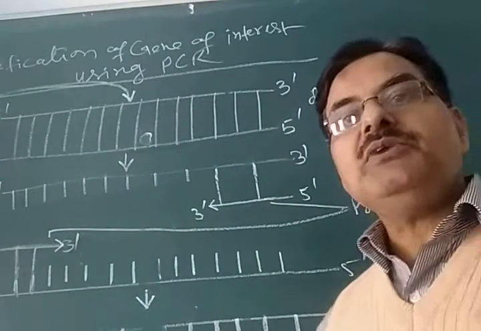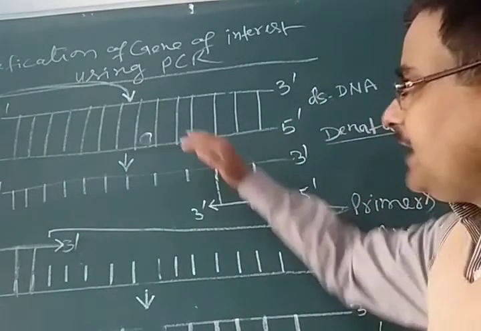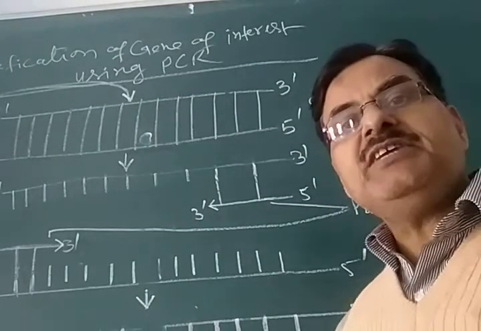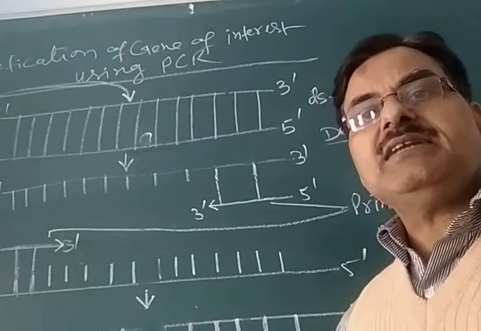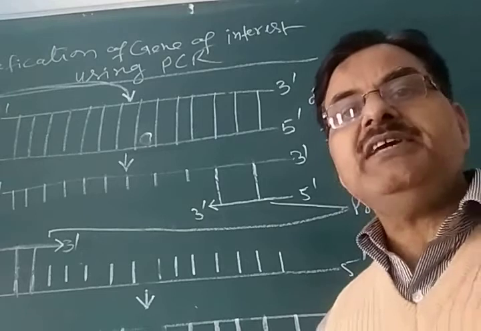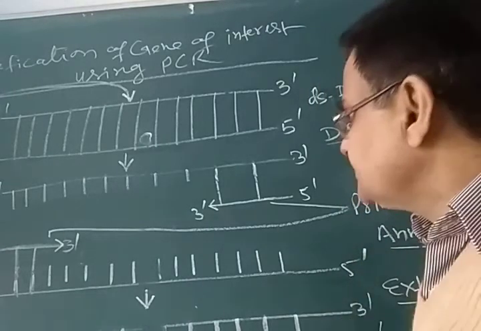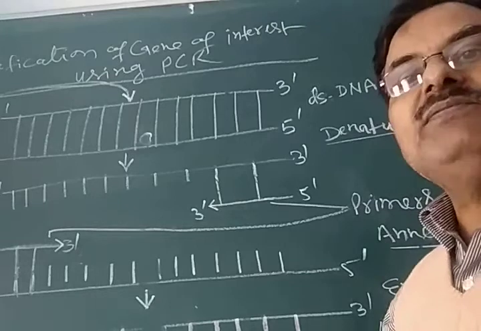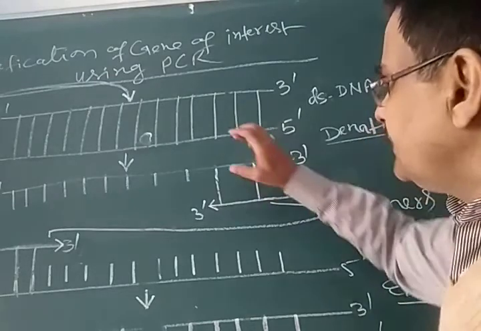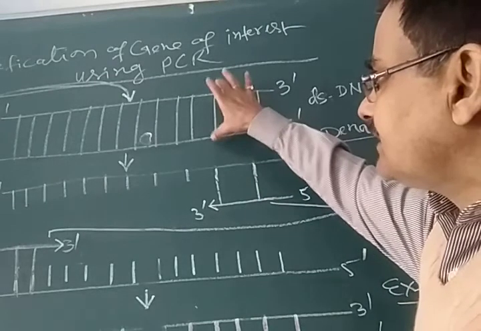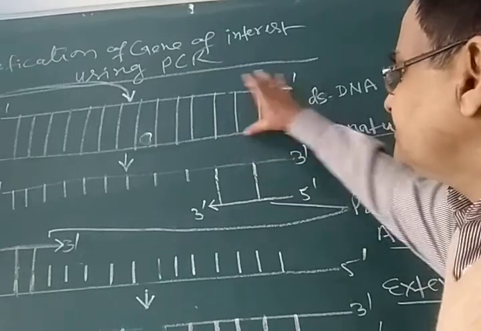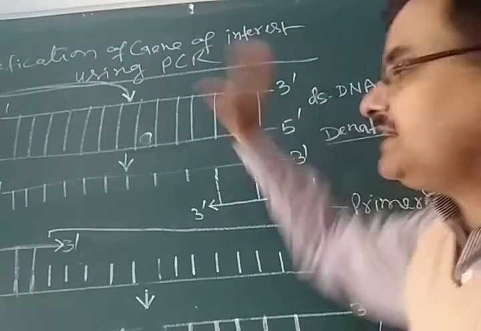First of all, we have to do the replication of this piece of DNA, because replication is the formation of DNA from DNA, but here we are going to make billions of copies by this process. So what are the different steps we will do for this replication of this double-stranded DNA?